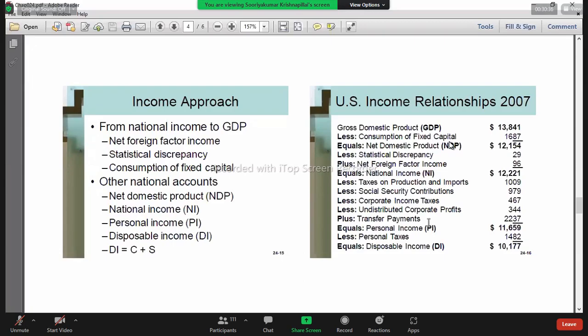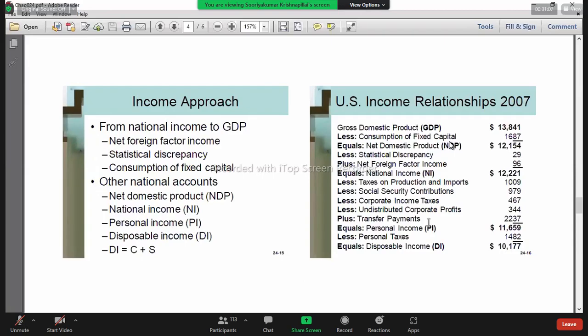Then again the individual household has to pay tax because it is their income. So there are two types of tax, corporate tax and income tax. After personal income tax, you will get disposable income. That is the income you receive in your hand.